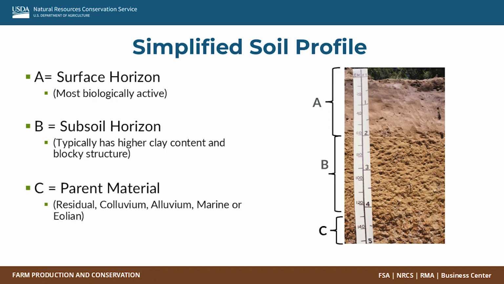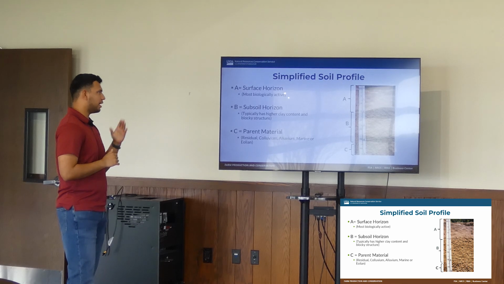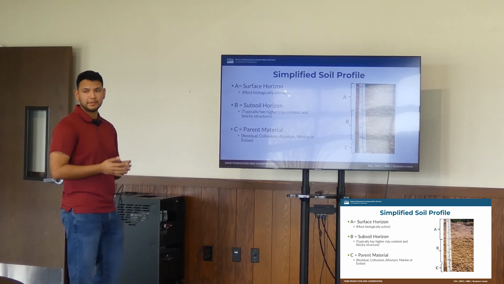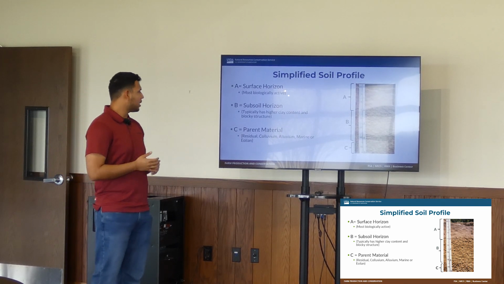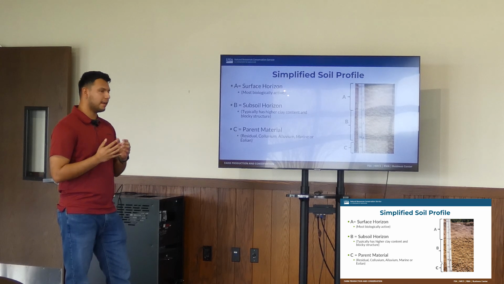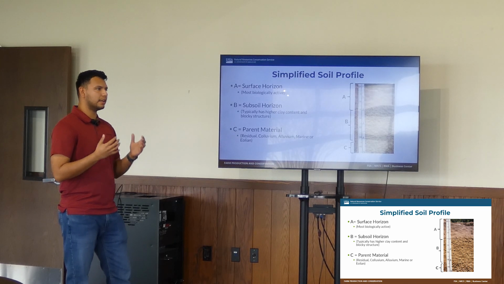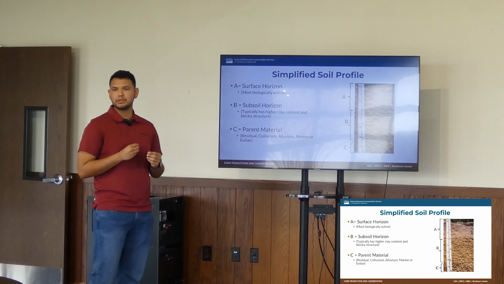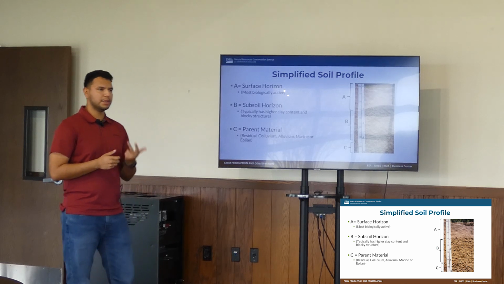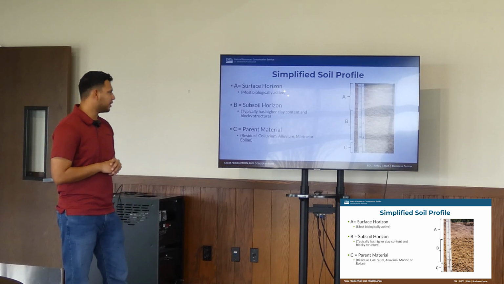Moving on from the soil forming factors, once all these soil forming factors do their work on the soil, you'll start to see the development of soil horizons, and this snapshot is called a soil profile. Just in simple terms, your A horizon is going to be the most biologically active and the most nutritious, while the B horizon is going to have a little more clay content, and it's going to have accumulation of different minerals like iron, aluminum, gypsum, sodium, different things like that.